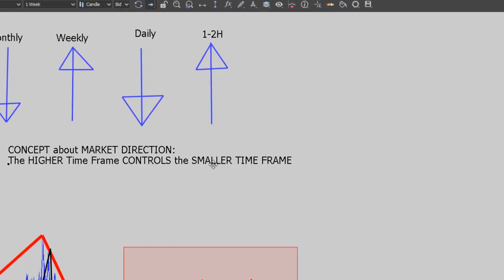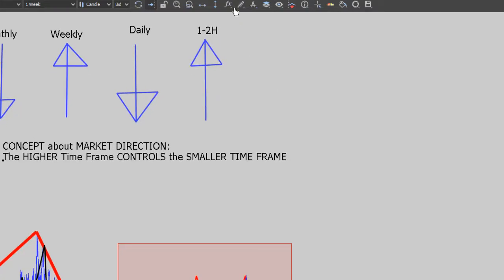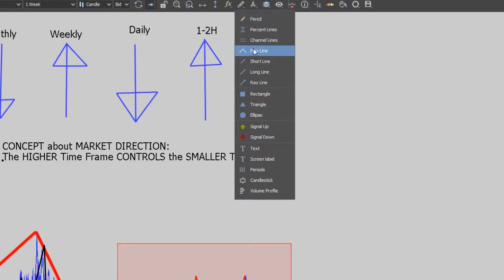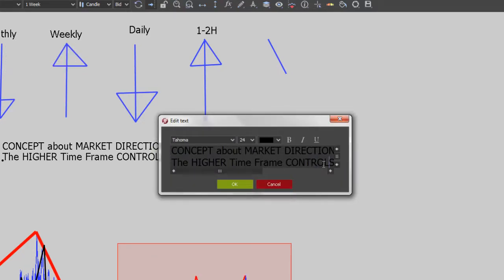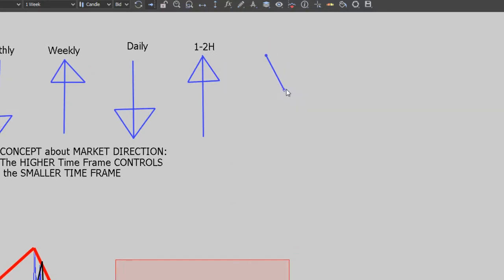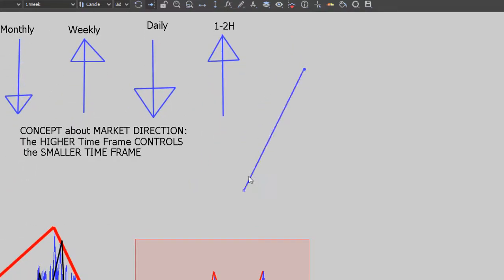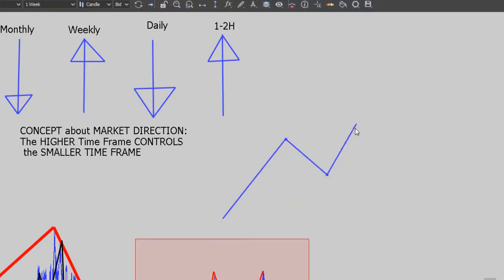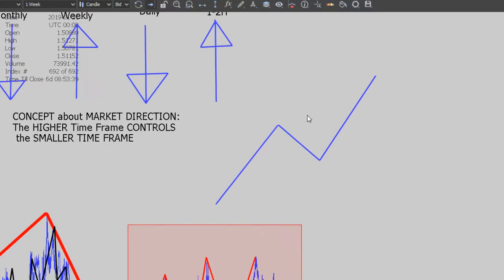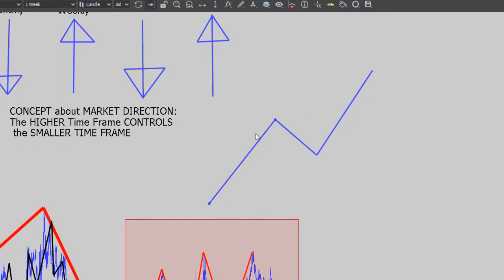Okay, now what do you think, everybody, if let's say that this is the monthly time frame right now, and the monthly time frame is up here.